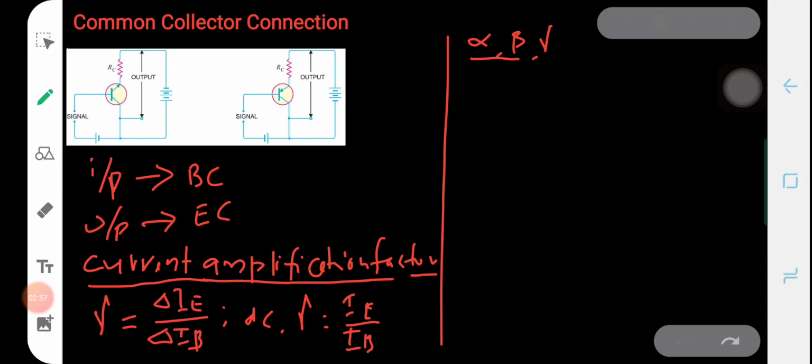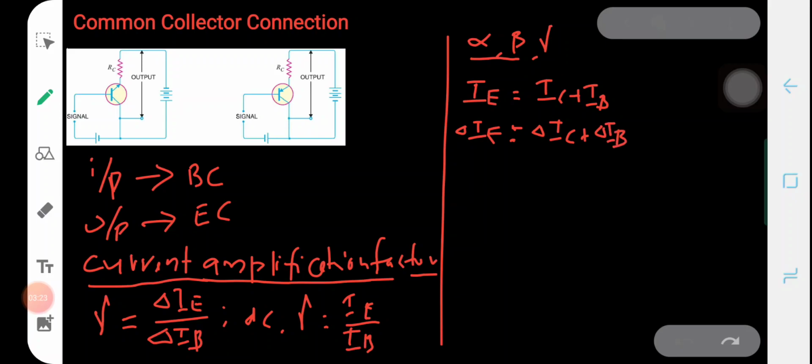For that I am again considering the emitter current IE is equal to IC plus IB. That is the general expression for any transistor. Now the change in the emitter current, delta IE, can be written as delta IC plus delta IB.